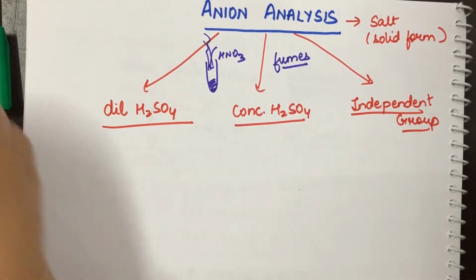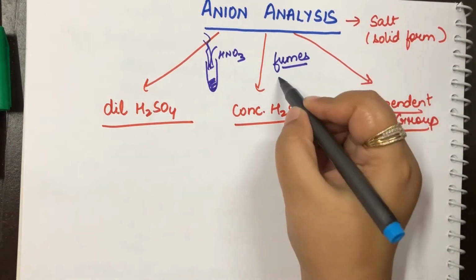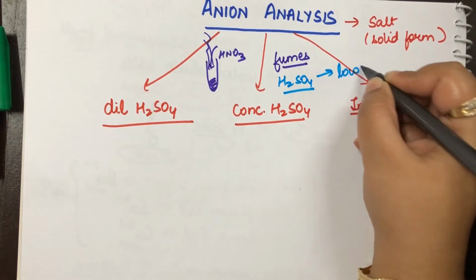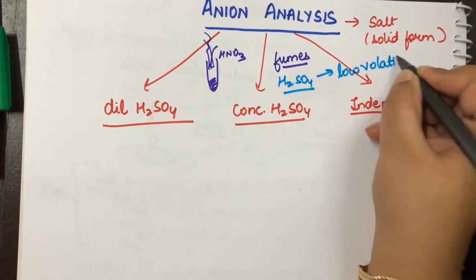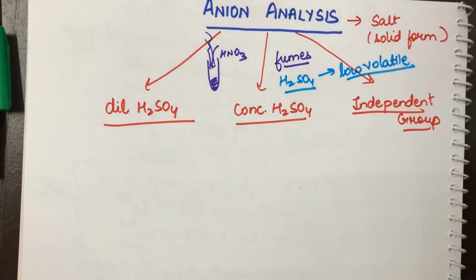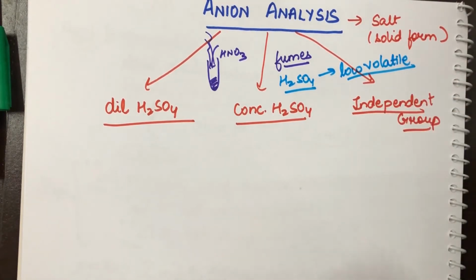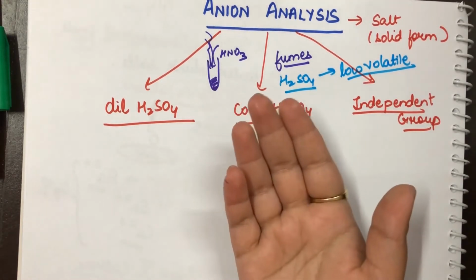So when I talk about H2SO4, H2SO4 has very low volatility. So it will not transform into fumes. Whatever fumes come out from the test tube will be of the salt, which will help us in the analysis of the salt. If you had taken HCl, you would have the fumes of HCl also.